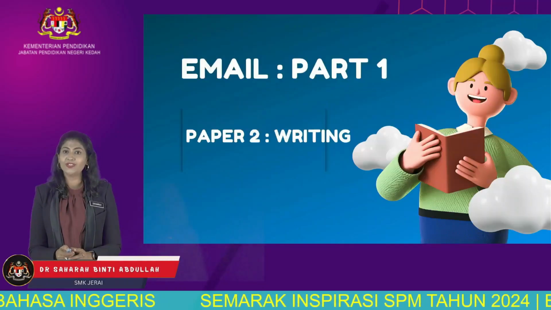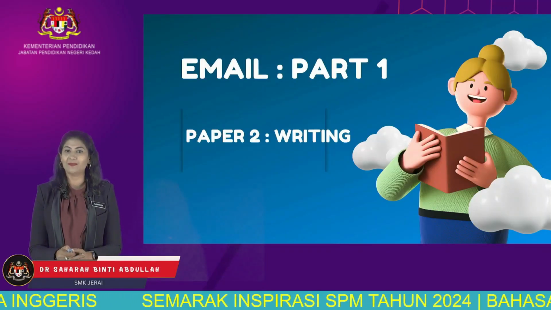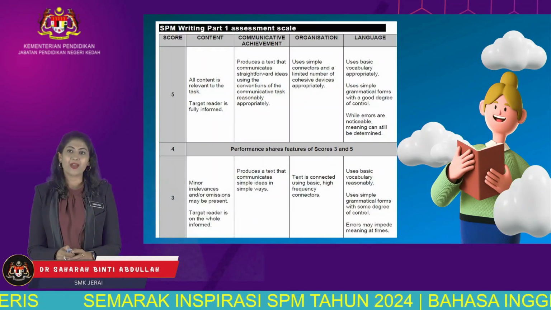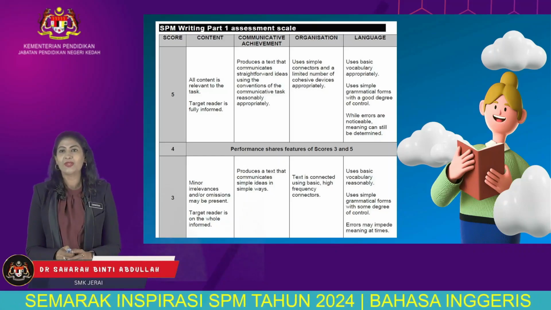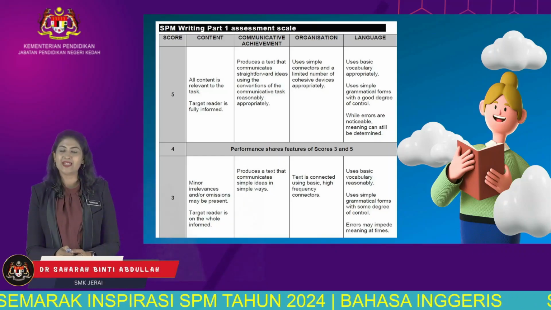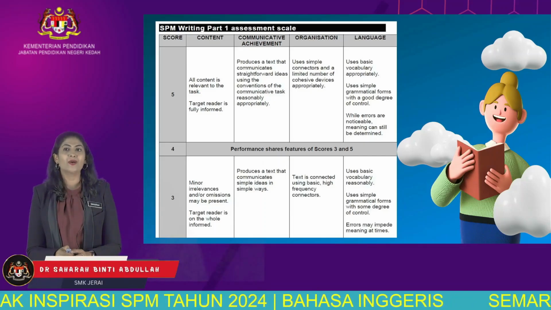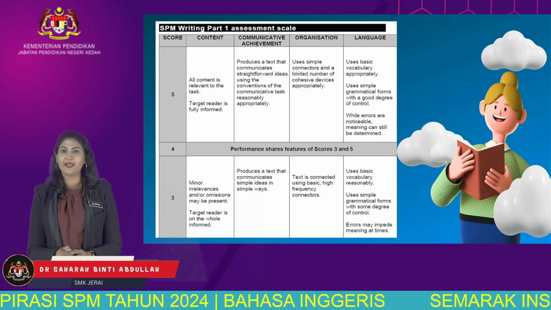Okay, let's move on to the next part, which is email, part 1, paper 2, writing. Students, I hope you are familiar with the assessment scale. When we say assessment scale, you should know that for writing part 1, it covers content, communicative achievement, organization, and language.